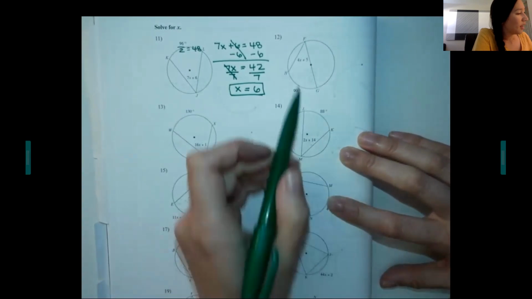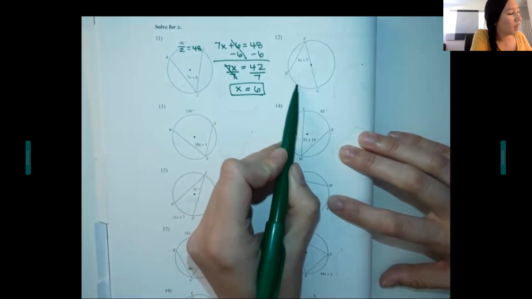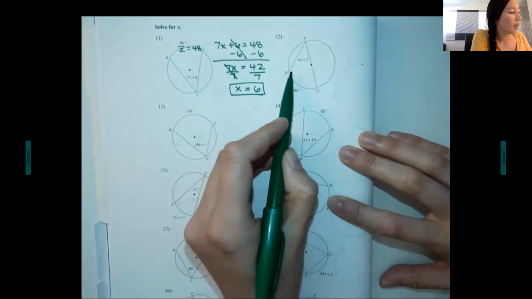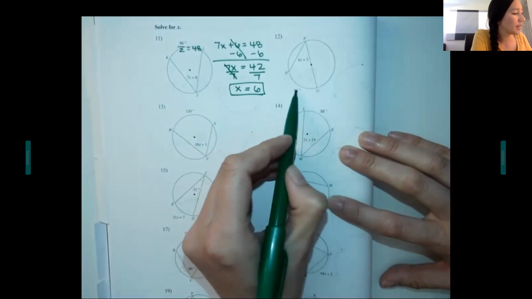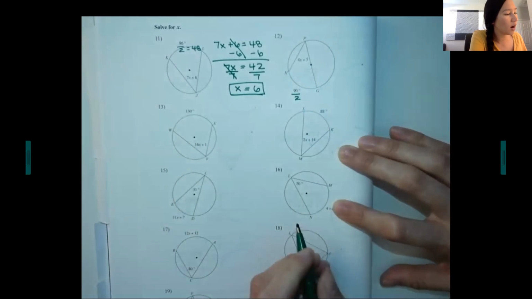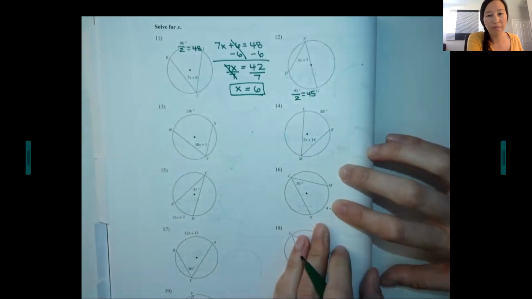Okay, then for number 12, we have 4x plus 5 as our inscribed angle, and our intercepted arc is 90. If we want to set them equal, we need to divide our arc by 2, which is 45.